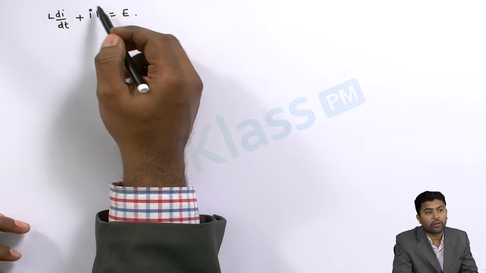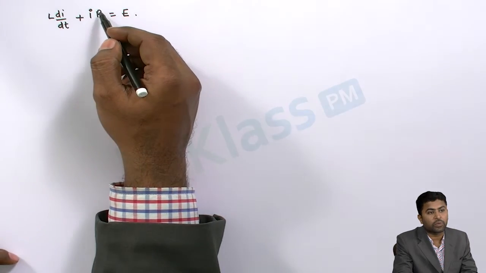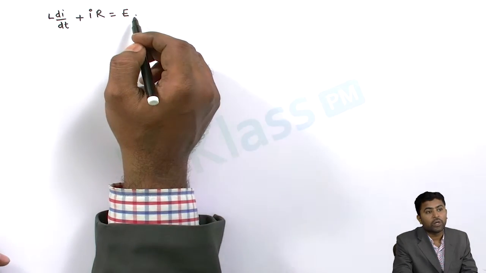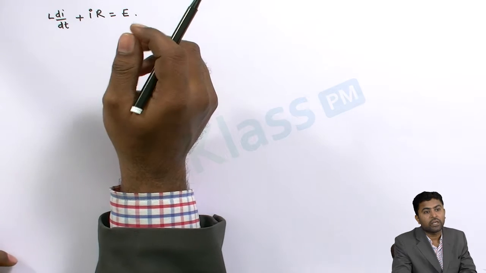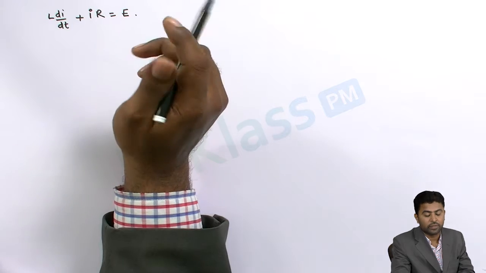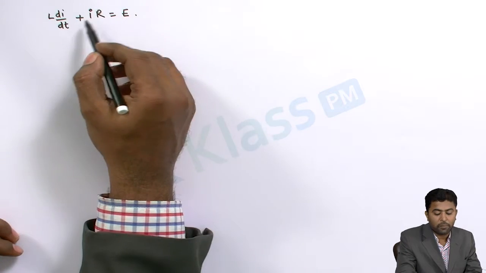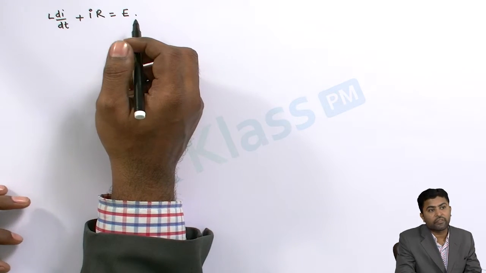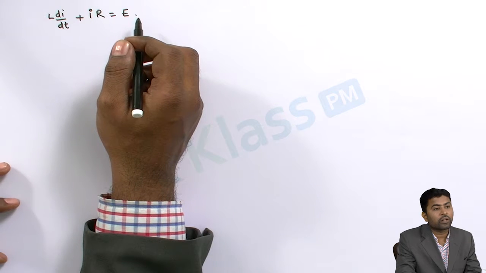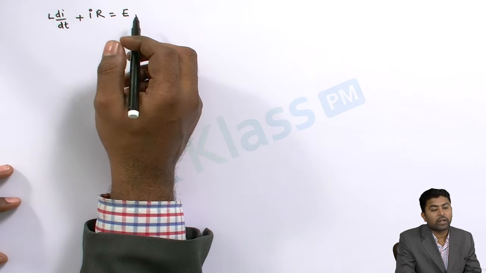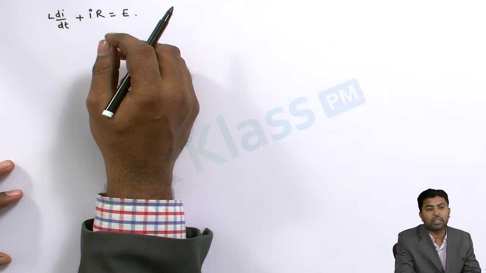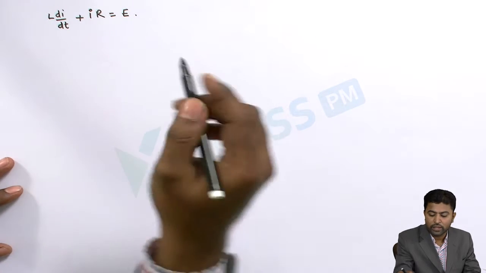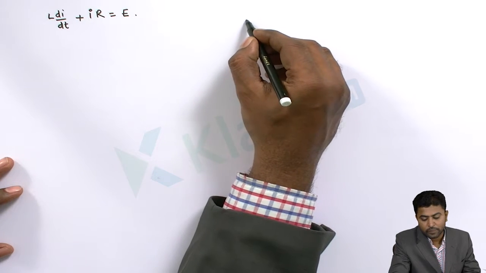Voltage drop across the resistance is given by I into R, which is equal to the electromotive force E, as we have written in the first law of Kirchhoff. So L into di by dt plus IR is equal to E is the differential equation for the LR circuit, where the resistance and the inductance are connected in series with the electromotive force E. So that is like this.